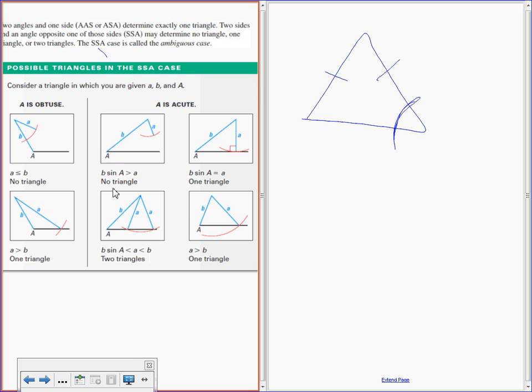On this chart here, what they're giving you is little a, little b, and big A. What that says is the large, or the given angle, and side opposite, and then another side.